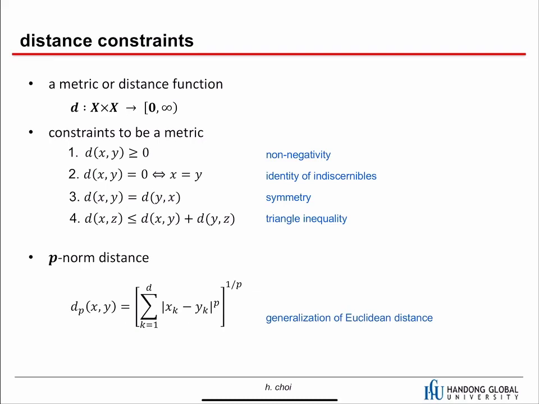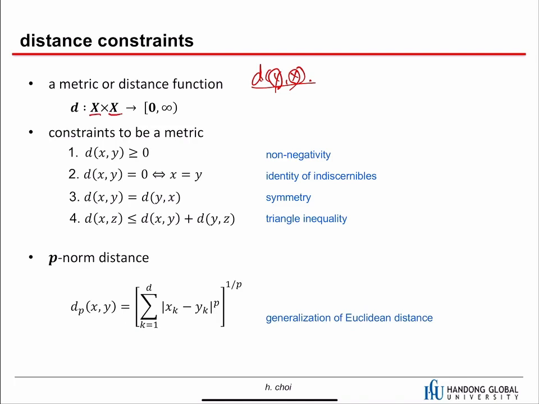When we talk about distance, there are some constraints. First of all, distance is a function, a metric or distance function. This is a bivariate function. Bivariate means we have two inputs. If we say the distance between x and y, then we have two vectors here.